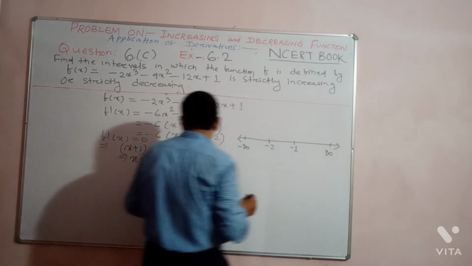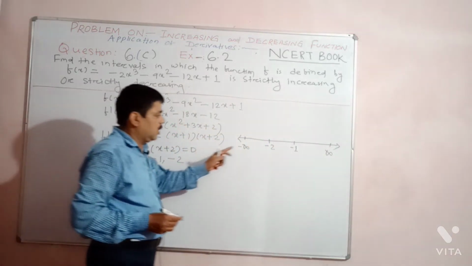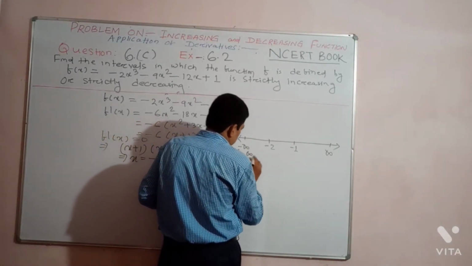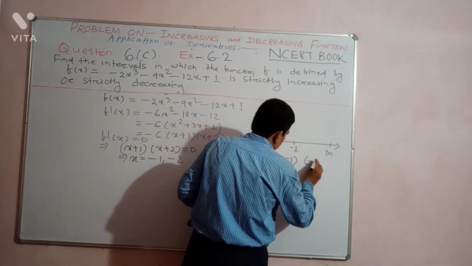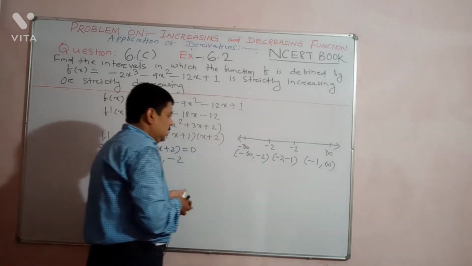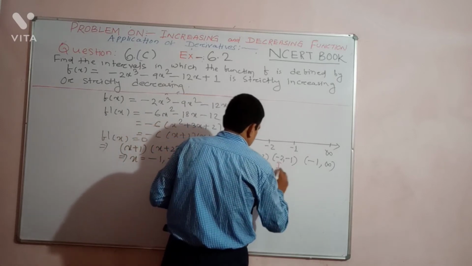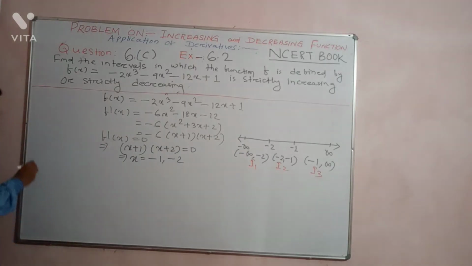So the real numbers x = -1 and x = -2 divide the real number line into three disjoint intervals. One is minus infinity to -2, another is -2 to -1, and the third interval is -1 to infinity.